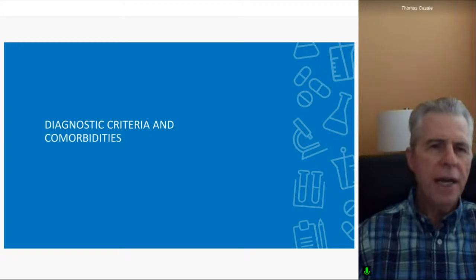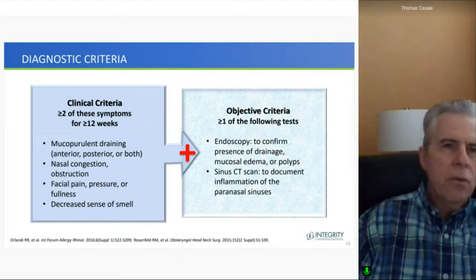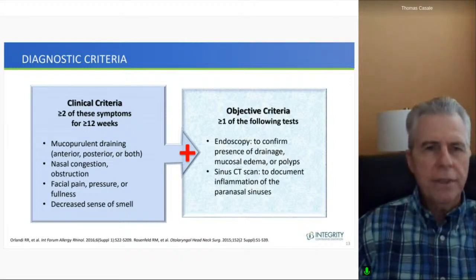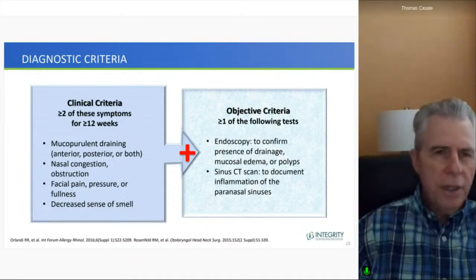Now, what are the diagnostic criteria and the common comorbidities of this disorder? Well, the diagnostic criteria include the following as shown on this slide.